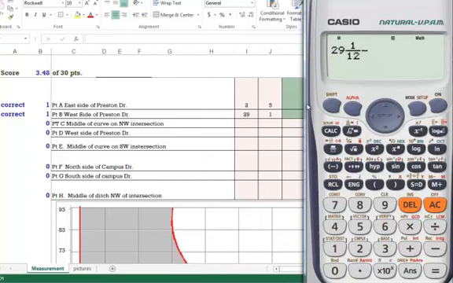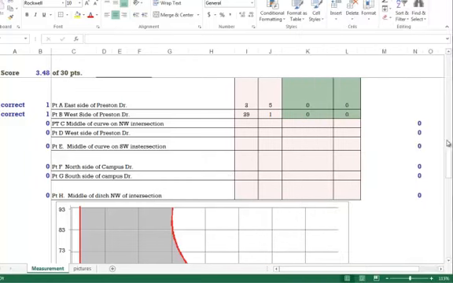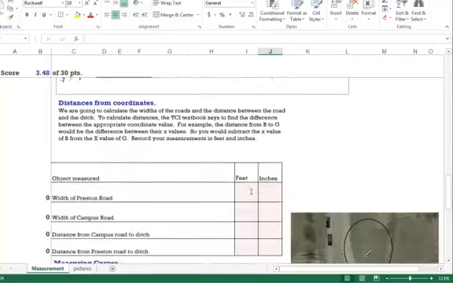Subtract another mixed number, 2 feet 5/12, and we get, using shift S to D because we want it in mixed number form, 26 feet 2/3 of a foot. So we would say that that width is 26 feet.